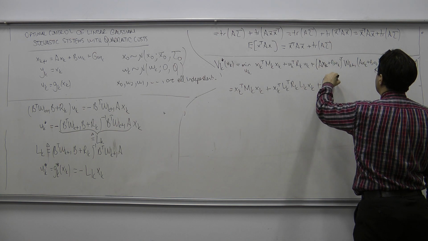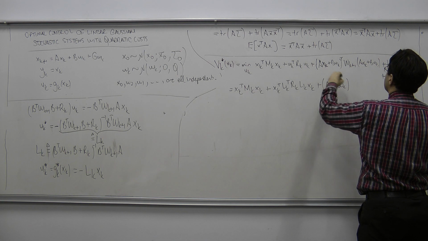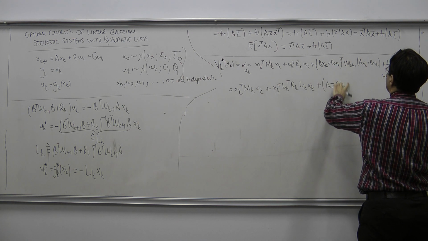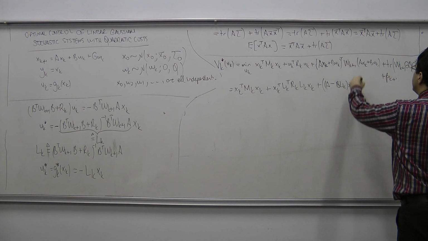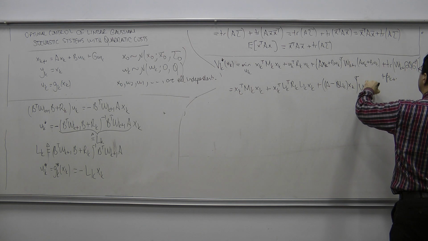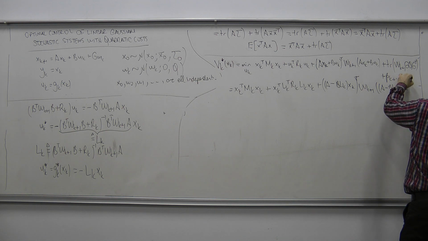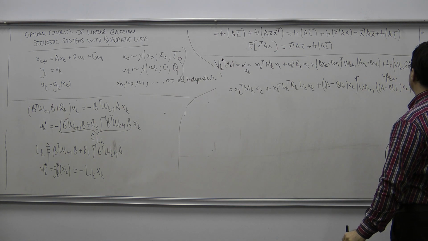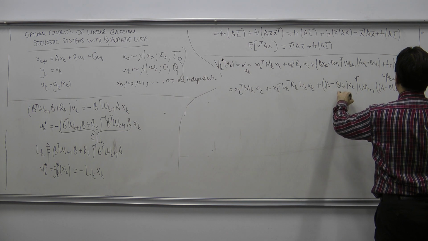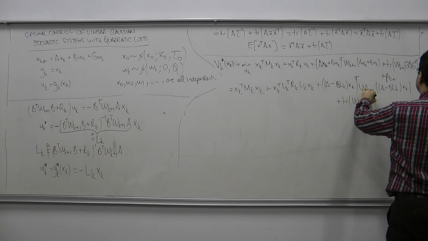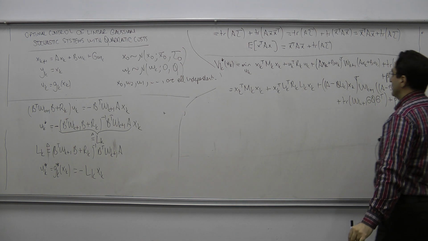So I would have a minus B Lk, and this would be multiplied by xk, okay, transpose times Wk plus 1 and A minus B Lk xk. Very good. And finally, these remaining terms, plus trace of Wk plus 1 G Q G transpose plus beta k plus 1. Okay?